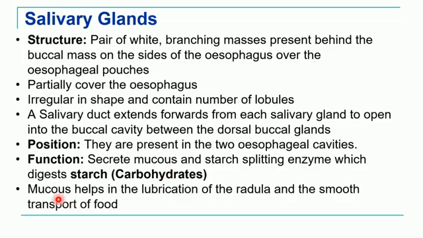Also, the second function of this mucus is that it helps in the lubrication of the radula, and thus helps in the smooth transport of the food. The food particles should easily move in the alimentary canal, and that is helped by the presence of this mucus, which is secreted by the salivary glands.